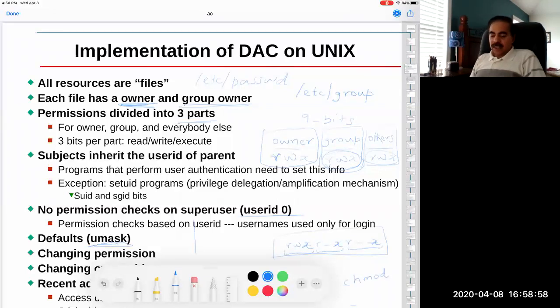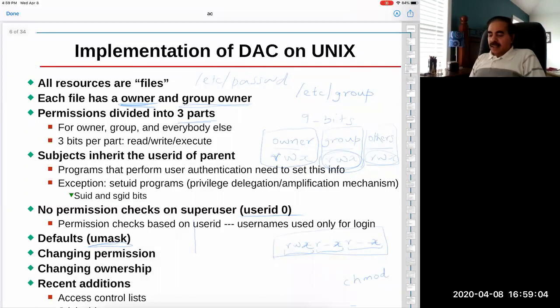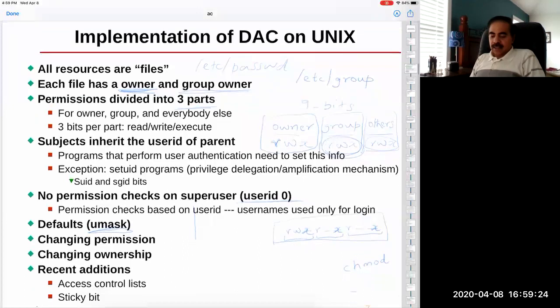Chmod is used to change the permission. Then there is also a way to change the ownership of a file, but on Unix, ownership change is permitted only for root. So the root user can change the ownership of a file. Other users cannot change the ownership of a file.